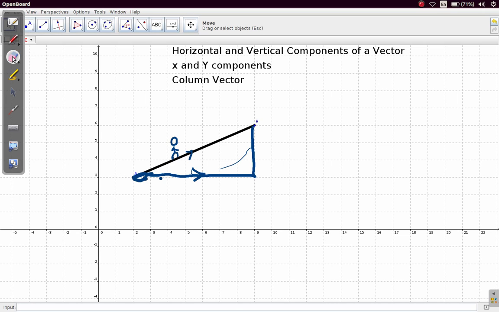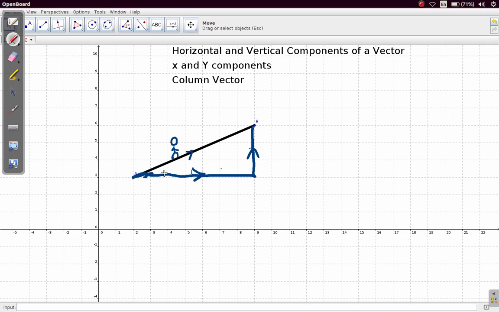and then you go this way. Now, we're looking at A, starting from A and going straight to the right.